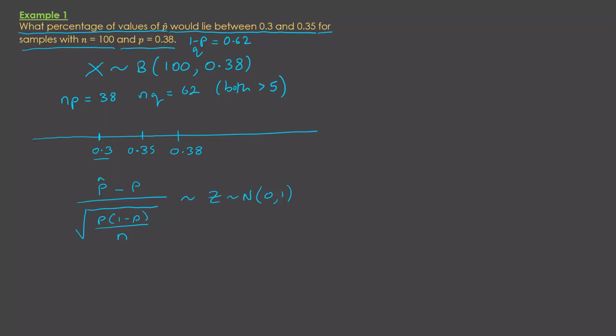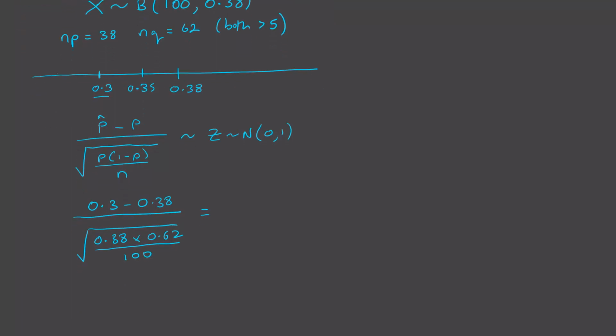So let's start with the 0.3. I've got 0.3, take away the true probability, 0.38, and the standard deviation underneath is based on the true probability. So that's the square root of 0.38 times 1 take away 0.38, so 0.62, over 100.